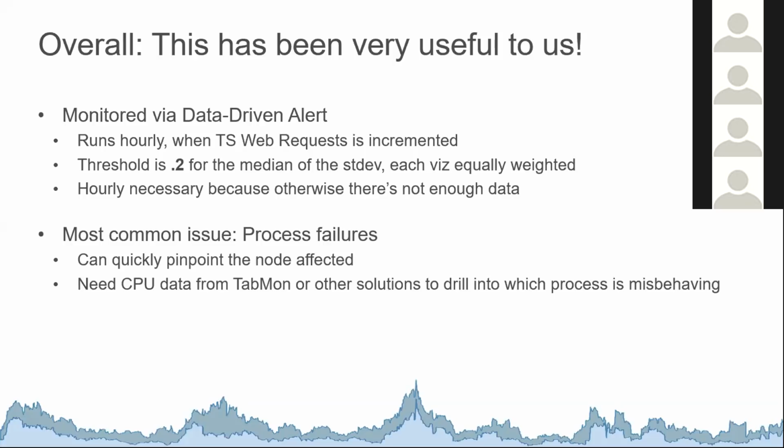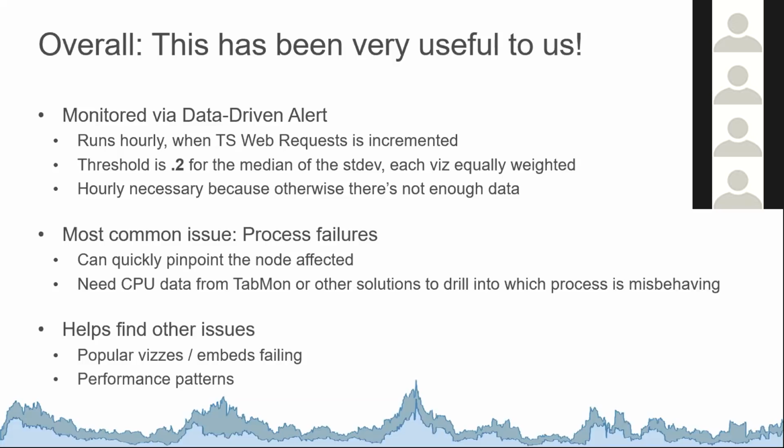And so if you have Tableau running or you have other solutions where you can pull that data into the overall performance dashboard as another pane and align the axes so the times line up, that can be really useful because you can just jump right into which process is having an issue. And like I said, it helps find other issues, just having the data available to visualize. We can see when popular Vizes stop being looked at, which usually indicates some kind of problem with them, and the performance patterns that we established.